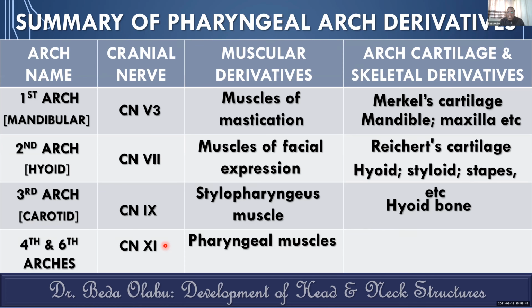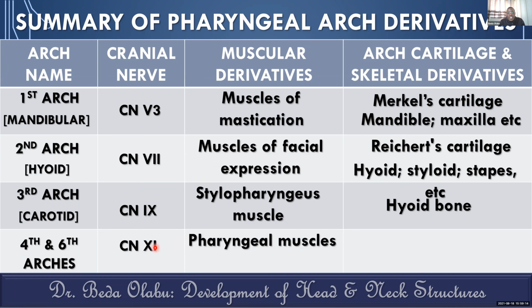But remember, the cranial accessory nerve, we don't see it much when the nerve comes out extracranially because it joins the vagus nerve. And remember that the recurrent laryngeal nerve is also a branch of the vagus nerve. So most books of embryology will just tell you that the nerve of the fourth arch and the nerve of the sixth arch is the vagus nerve, and that should still be understandable.